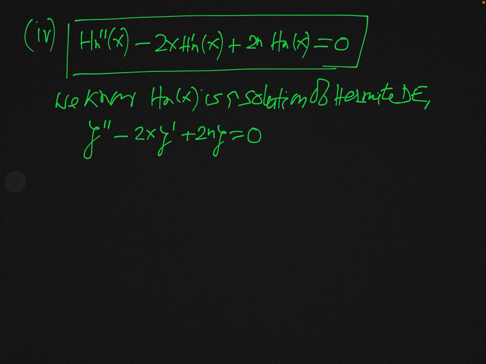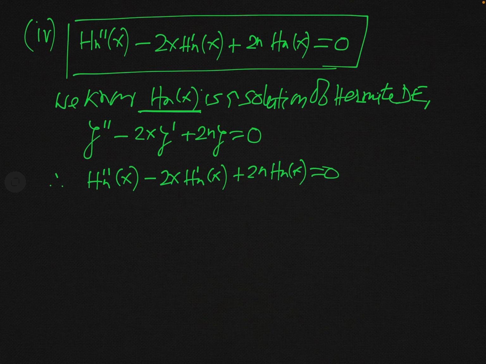And as we know that Hn of x is a solution of this Hermite differential equation, and since any solution of a differential equation satisfies the differential equation itself, definitely we can write that this Hermite differential equation will be satisfied by Hn of x, and therefore we can say that Hn double prime of x minus 2x Hn prime of x plus 2n Hn of x will be equal to 0.